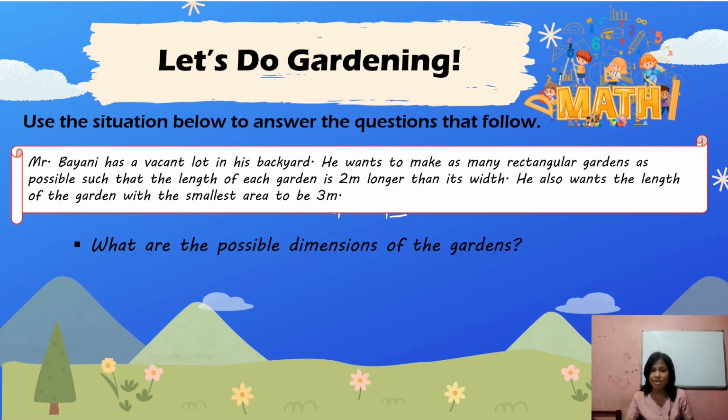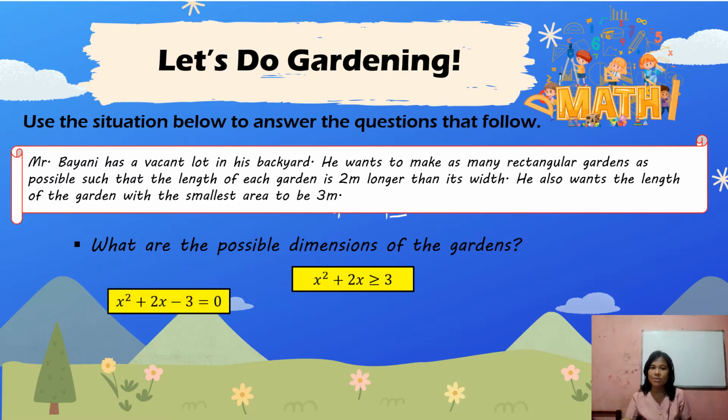What are the possible dimensions of the gardens? Of course, you need to use the mathematical sentence that you created earlier. So how do we solve quadratic inequalities? We start with the critical values, or the boundaries. For solving the boundaries, you need to change the inequality symbol to an equal symbol first.